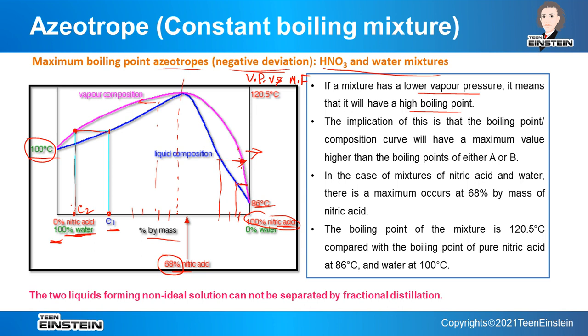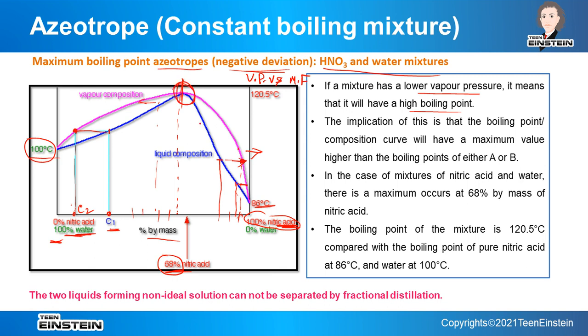Now in the vapor composition the amount of nitric acid is high. So that is why if we are starting from higher percentage than 68, then in the distillate we will always get pure nitric acid. But that does not mean we can purify the two liquids, because once we reach this composition, we will get a liquid which behaves as if it is a pure liquid.